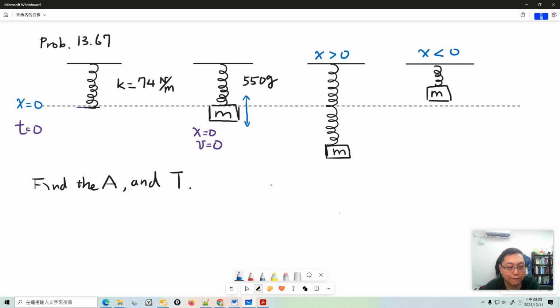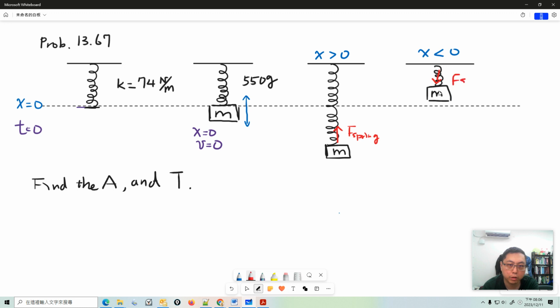These two graphs show the oscillation due to the spring force. When the block goes down, the spring force pulls it up. When the block goes above x equals 0, the spring pushes it back, pulling down.